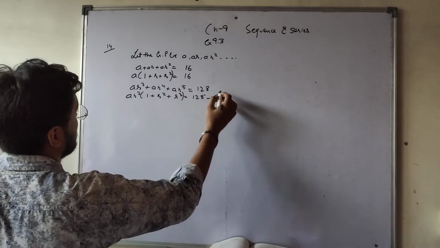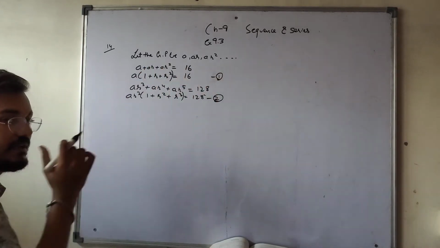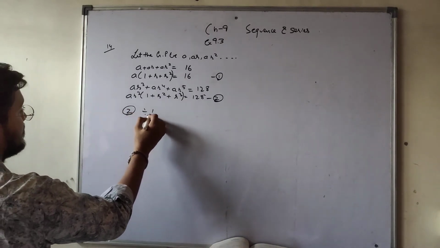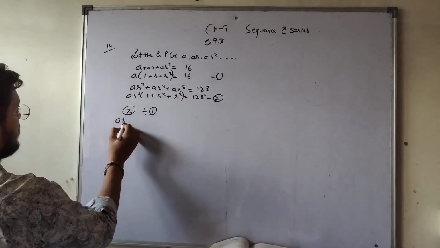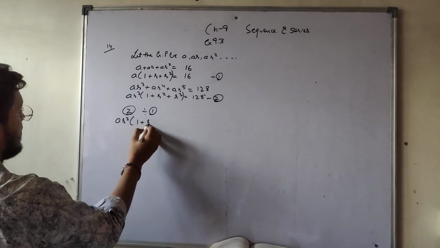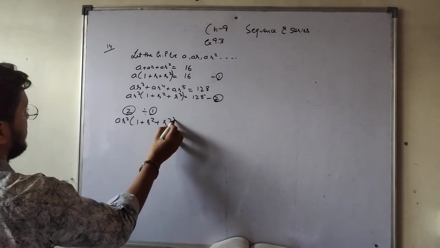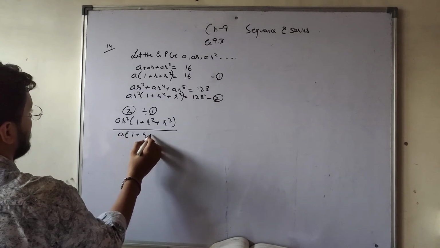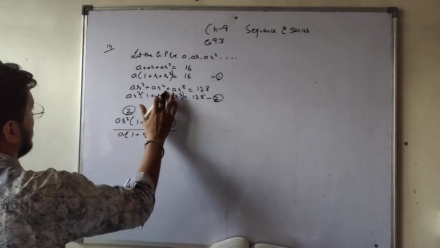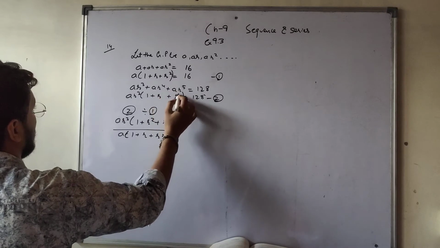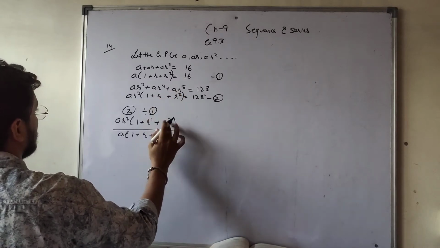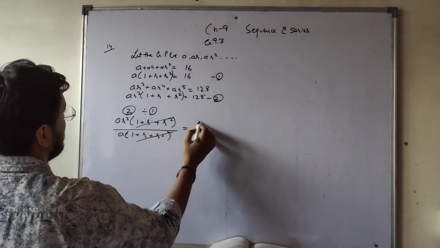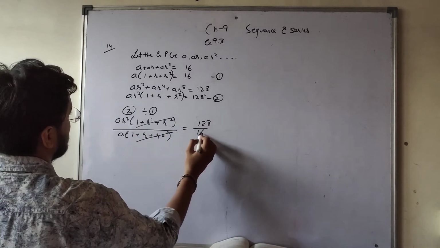Call it the second equation and this the first equation, so equation second divided by equation first: ar cube(1 + r + r square) divided by a(1 + r + r square). This will get cancelled, leaving 128 upon 16.